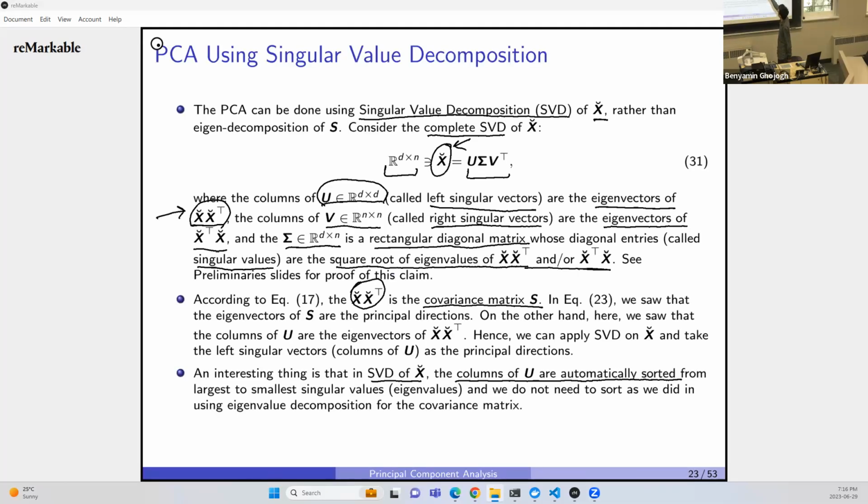You apply singular value decomposition on X hat, which is the centered data, and U is the left singular vectors of X hat. Why is it useful to do that? Because singular value decomposition sorts the singular values and eigenvalues automatically, so you don't need to sort them. But if you do eigenvalue decomposition, you need to sort them. We talked about it in the previous session.